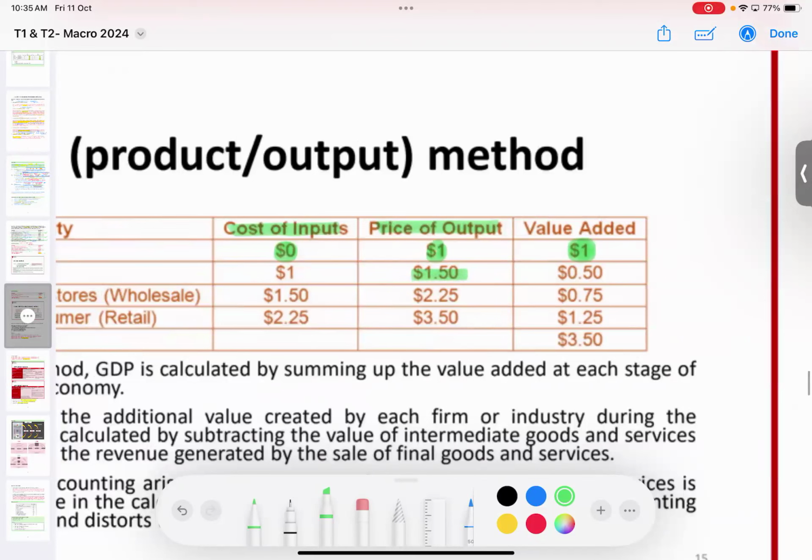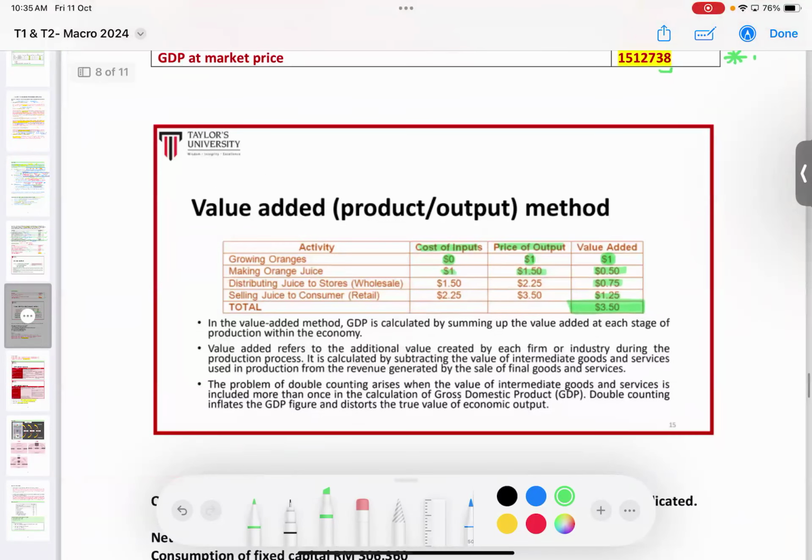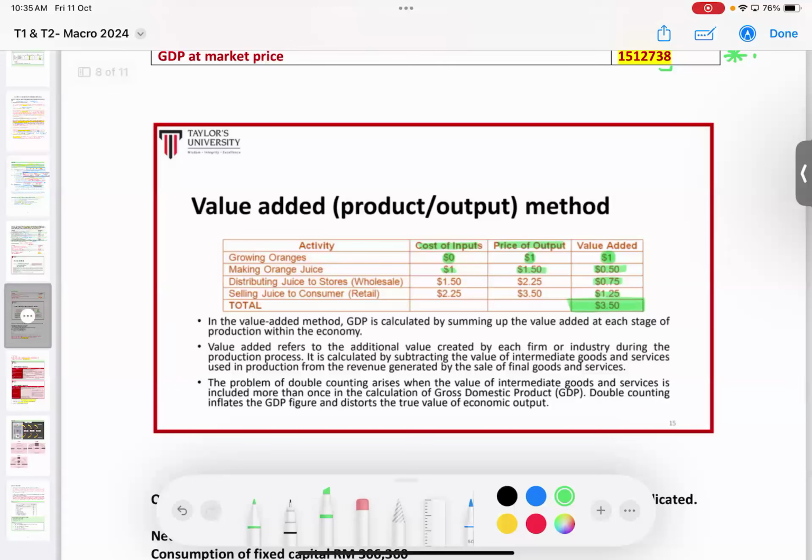You use the price of output minus the cost of inputs, and you get the value added. You find the difference and then add it up, and you get the total value added. That's the value added approach. This is to avoid double counting, because double counting will make the GDP misleading.